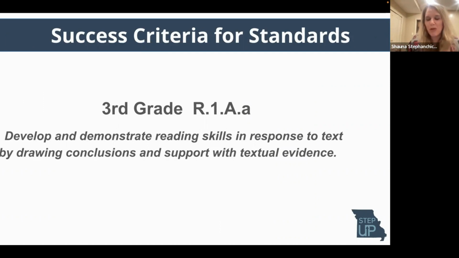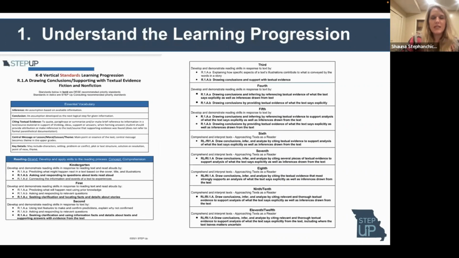So here's an example of a standard. Step one, once you have a standard, is as a teacher, you have to understand the learning progression, right? We can't pass that on to a kid until we know it. So I threw up an example of one of our learning progressions. If we had a third grade skill of drawing conclusions and supporting with textual evidence, we could see, okay, students also need to know how a text's illustrations contribute to its meaning. That understanding as a teacher might help you communicate it with kids.